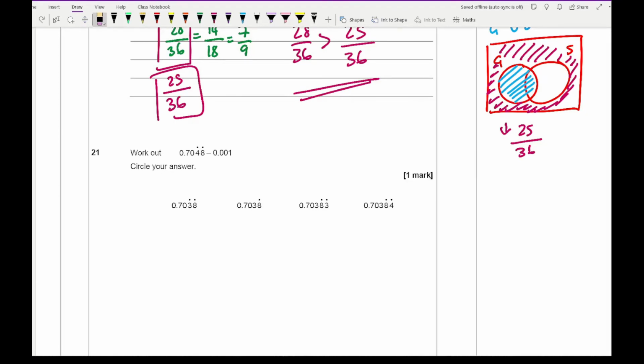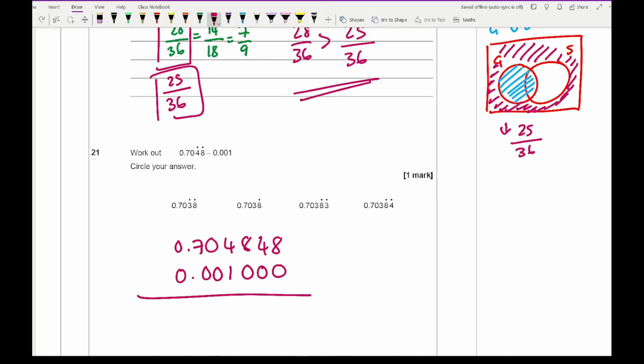So then moving on to question 21, it says work out the value of 0.7048 recurring, take away 0.001. Now for this, if you're not too sure what this is straight away, then I would just simply do the subtraction. 0, 0, 1, and all of these are going to be zeros.